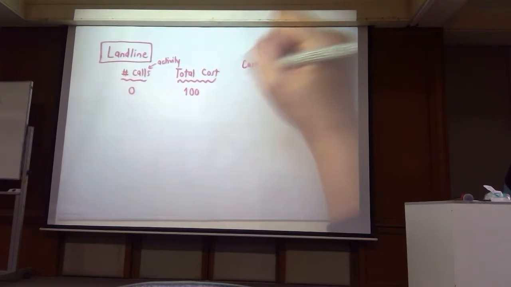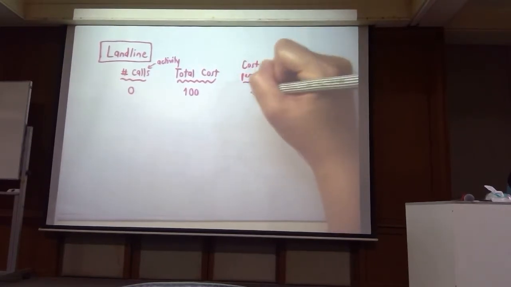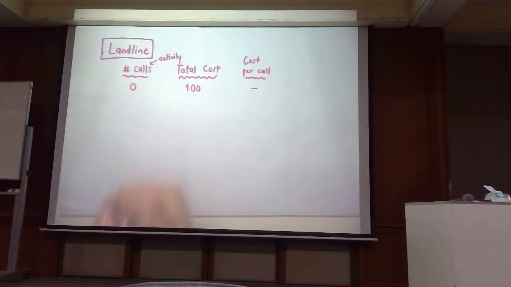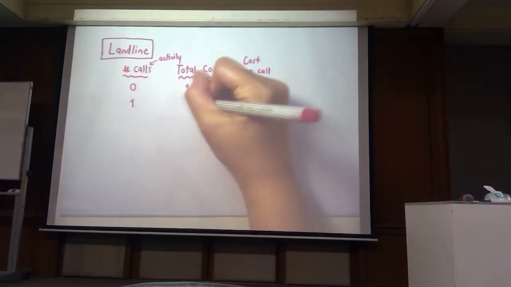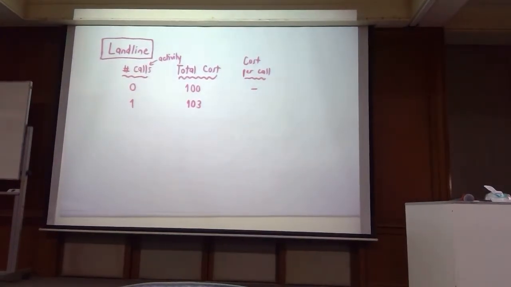And how about the cost per call? We cannot compute, right? Let's say, how about if we make one call during that month? The total cost that you have to pay equal to 103, right? Just ignore that. Again, we don't need value added tax here.